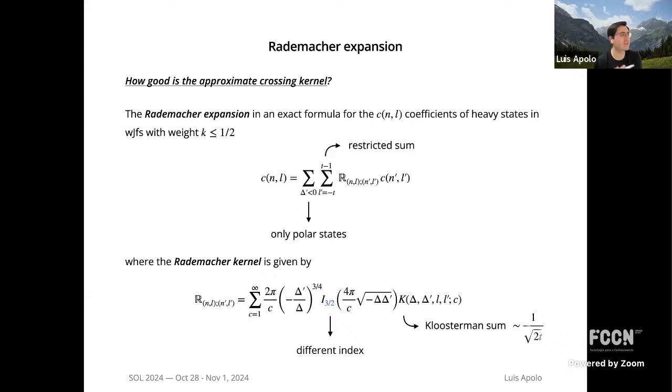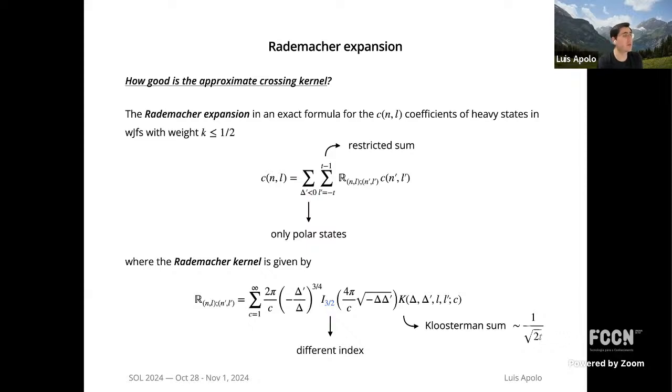I have written this formula in this way so that it's similar to the one I wrote before, where R here is what I call now the Rademacher kernel. And there are some differences that I pointed out here: in this case, we have a restricted sum over this variable L, and we're also summing only over the polar states of the weak Jacobi form.